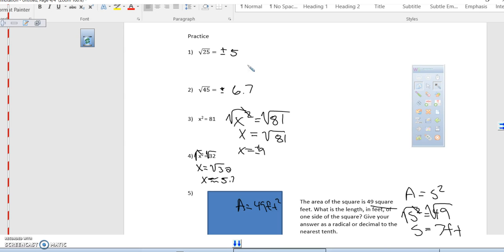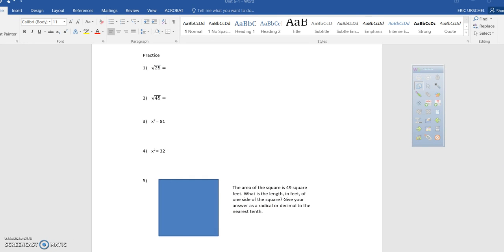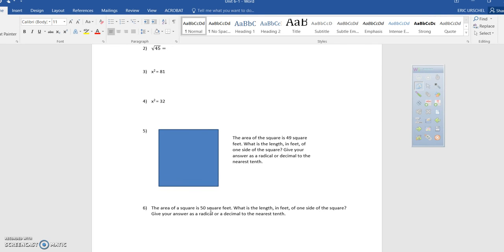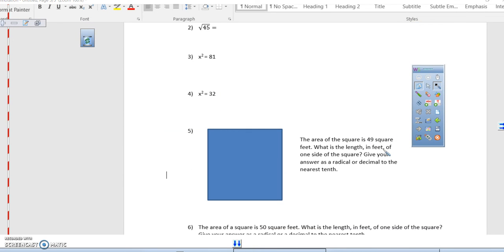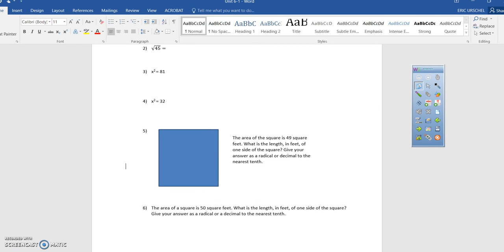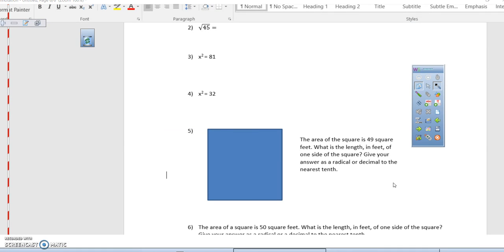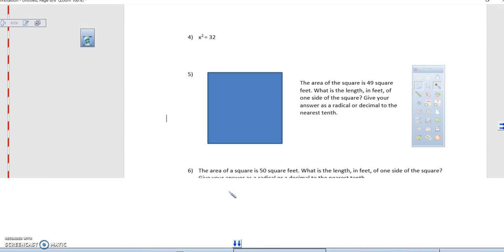And last but not least, the last problem is pretty much the same thing, right? Except this one says the area of a square is 50. What is the length of one side, both in radical form and to the nearest tenth of a foot?